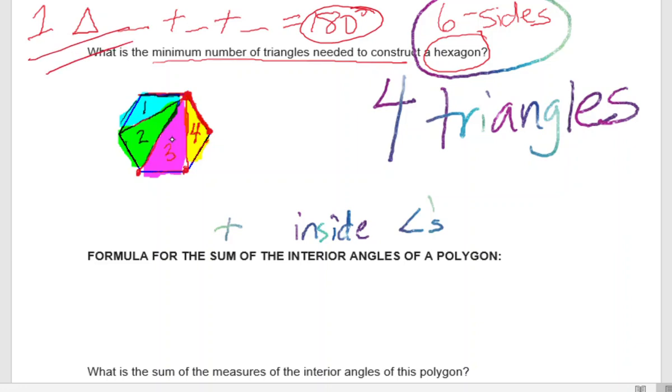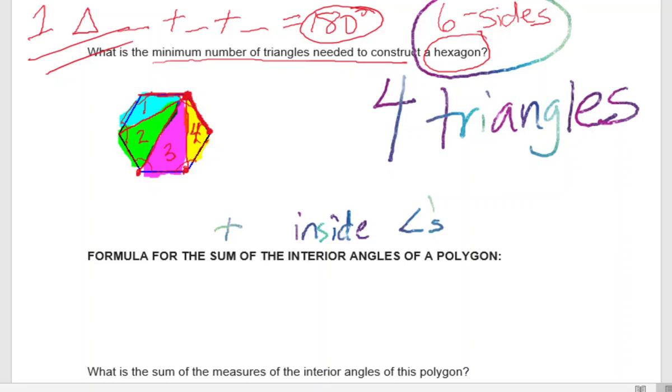Well, here we have 4 triangles, so we could multiply 4 times 180 to figure out the sum of the interior angles, 1, 2, 3, 4, 5, 6, the sum of those 6 interior angles in that hexagon.